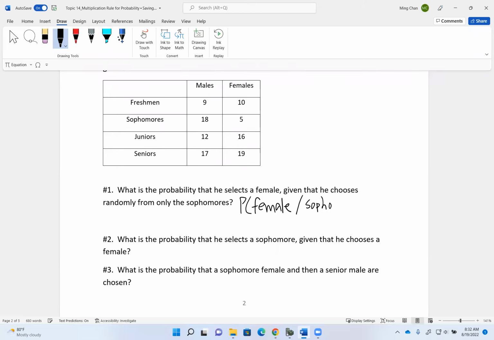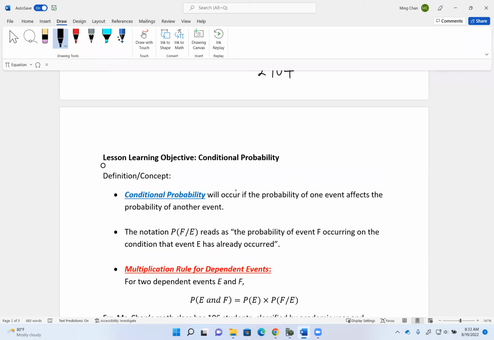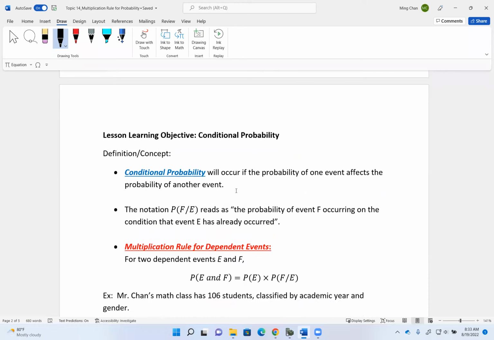So this is a little bit strange. If you think about my notation up here about E and F, if I'm writing it as a conditional probability, then the first thing I wrote is the second event.